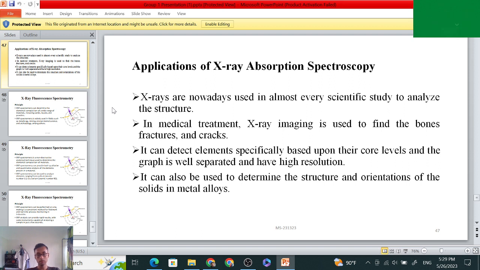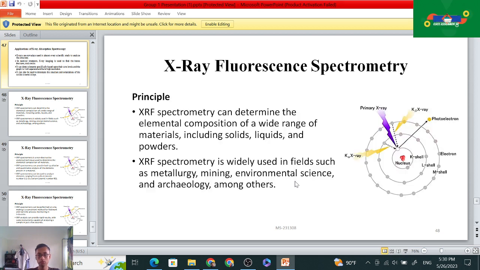It can detect the elements specifically based upon their core levels, and the graphs are well separated and have high resolution, and it can also be used to determine the structure and orientation of the solids in metal ores.